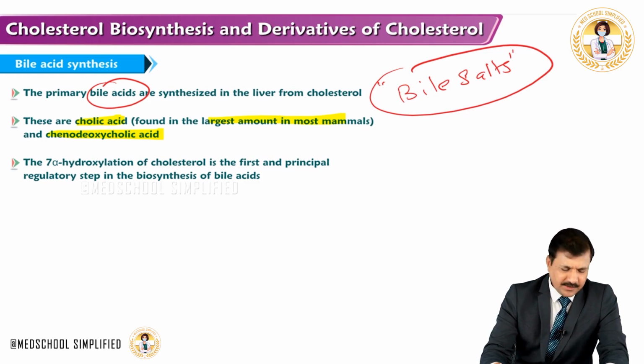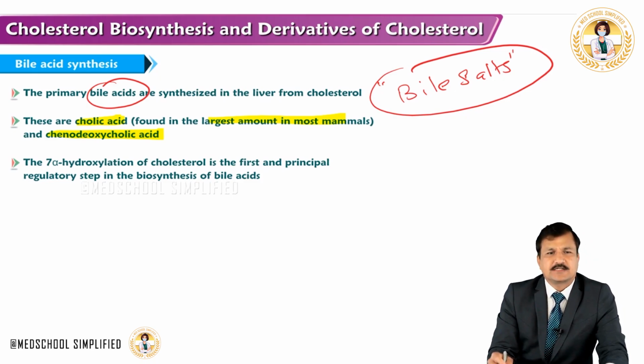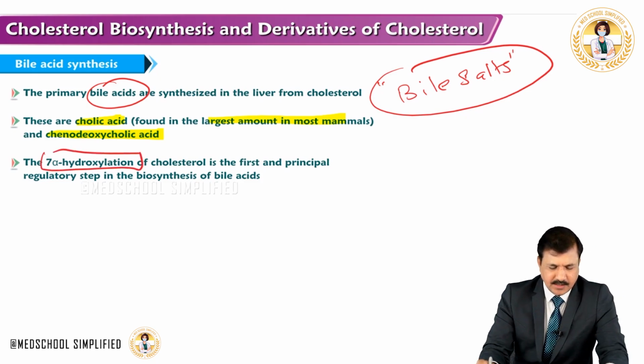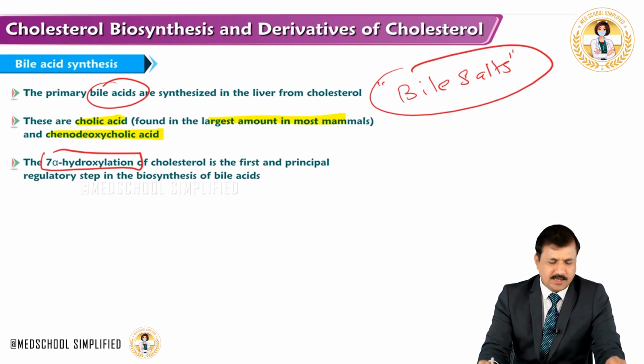Now, the very first enzyme involved in the synthesis of bile acids is the 7-alpha hydroxylase enzyme. This 7-alpha hydroxylase enzyme, which initiates bile acid synthesis, is the most regulated enzyme in bile acid synthesis. Let's get into the details of how bile acids are synthesized in the hepatocytes.